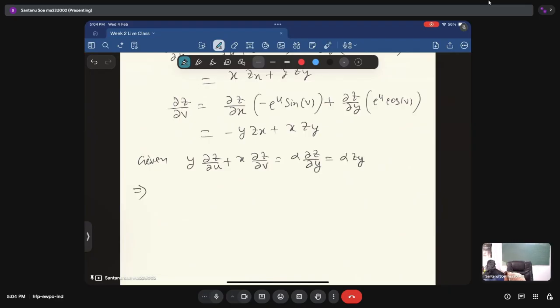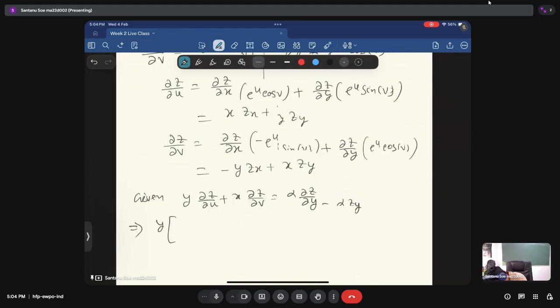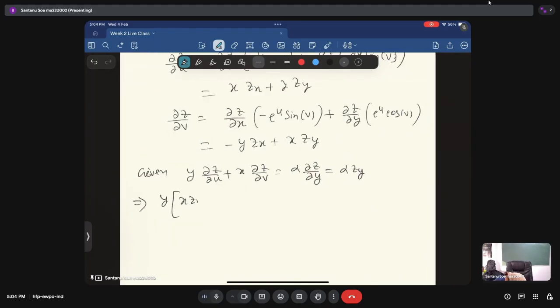So y times zu is x zx plus y zy, plus x times minus y zx plus x zy, and this is the same as alpha zy. Now just collect the coefficients of zx and zy.